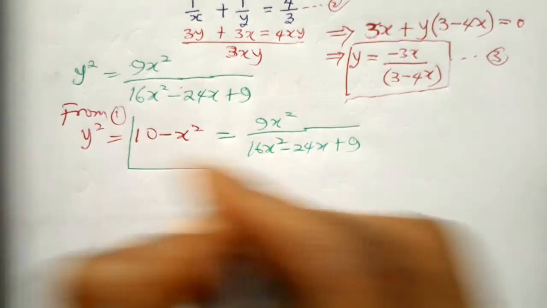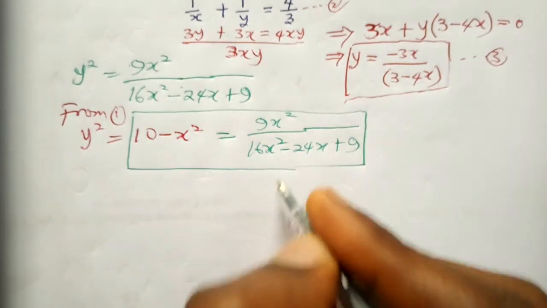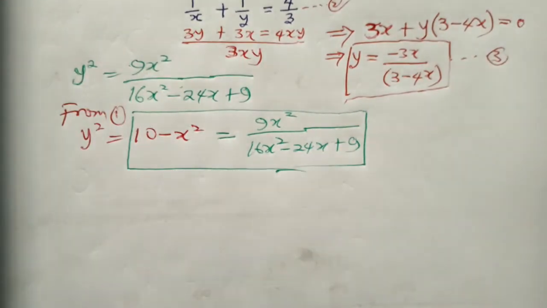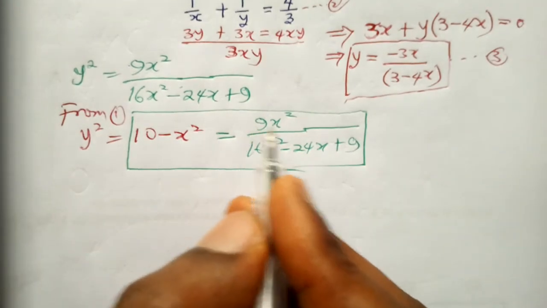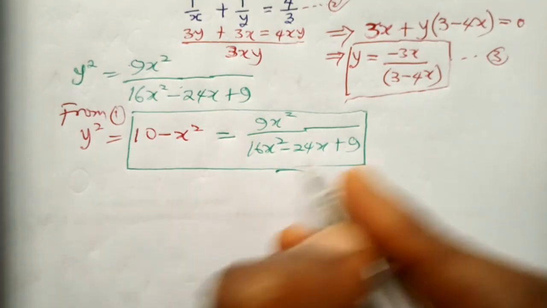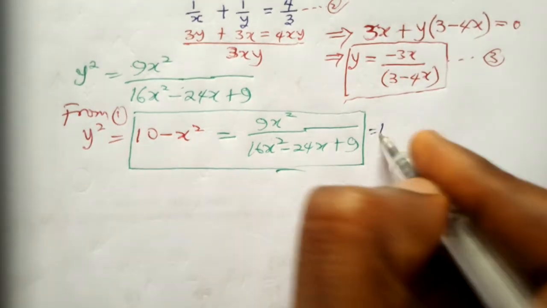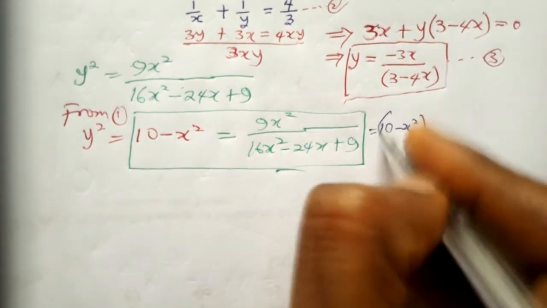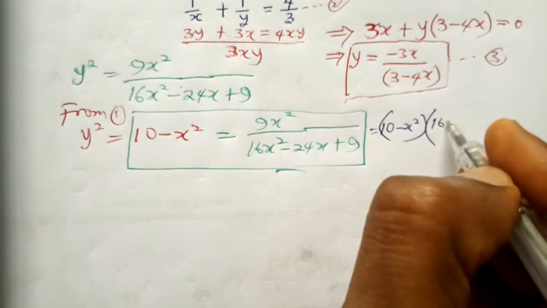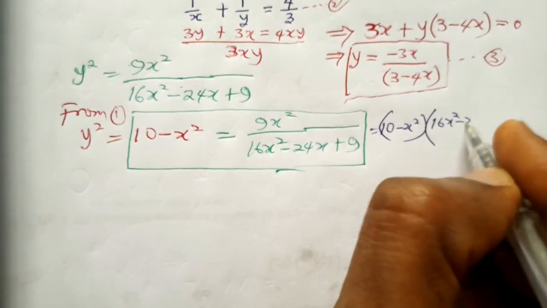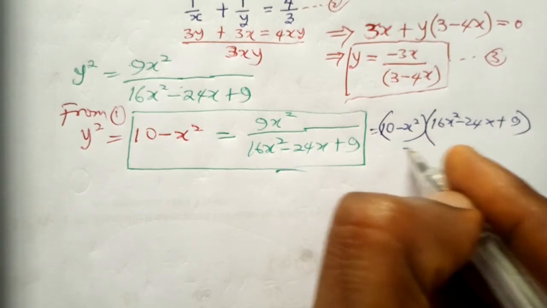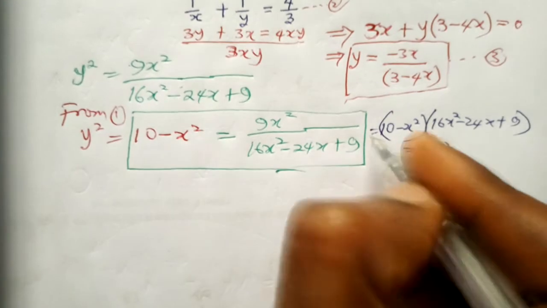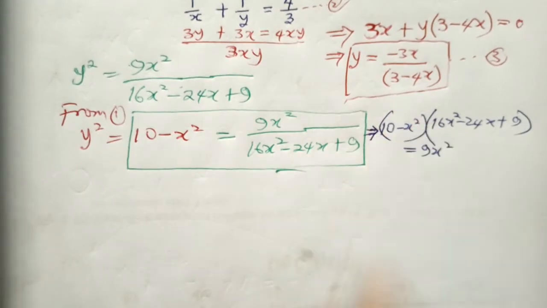So we have equated this one and this one. Now we can bring this denominator over here and multiply. Let me write it out. So 10 minus x squared, times 16x squared minus 24x plus 9, is equal to 9x squared.